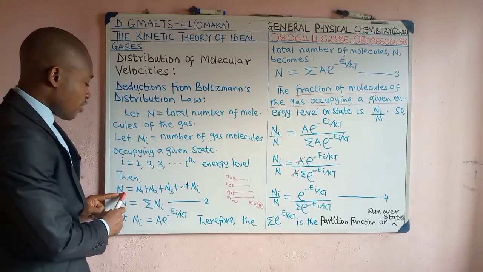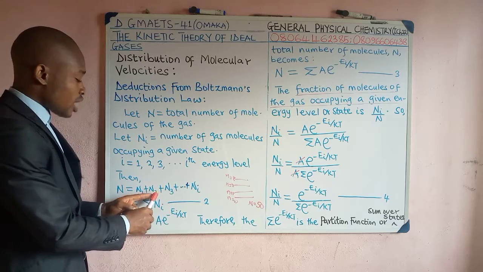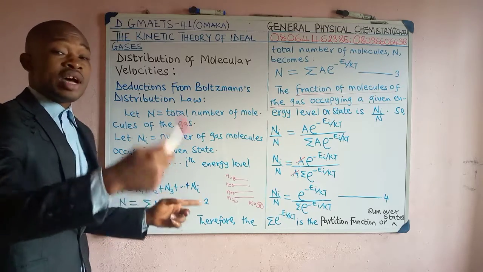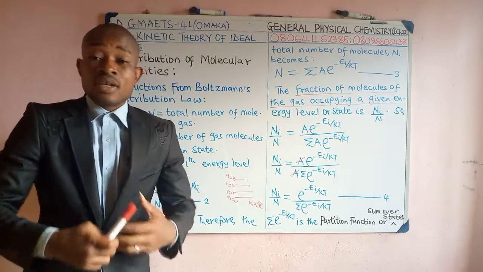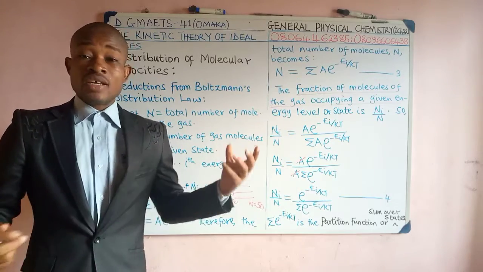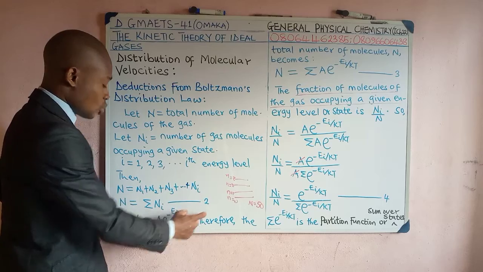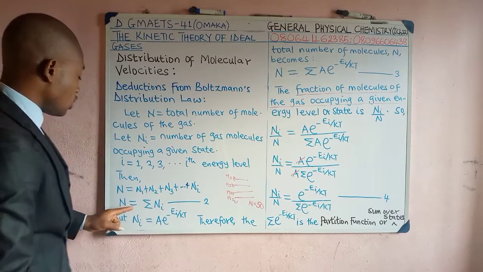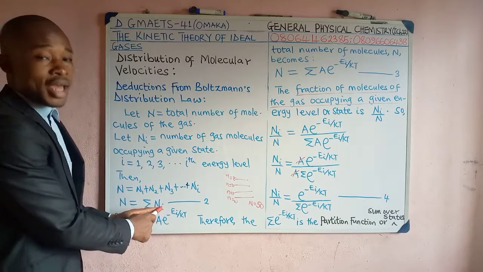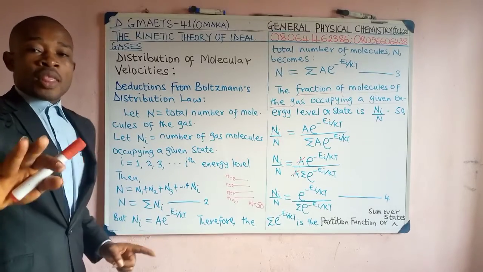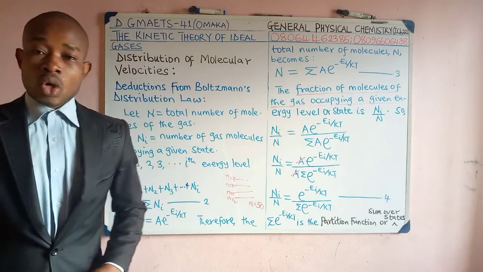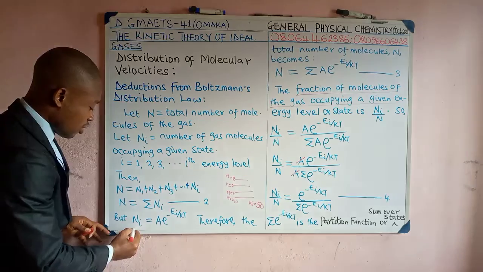To get the total number of molecules, you need to add them together. Therefore, we have that the total number of molecules can be written as N1 plus N2 plus N3 plus continuously down to plus Ni. That is the number of gas molecules in any given state. And we can use the summation sign. That gives us this equation 2. Total number of molecules is simply equal to summation Ni, right? From Boltzmann's distribution law, we already established the value of Ni.